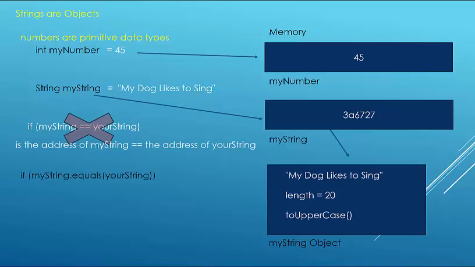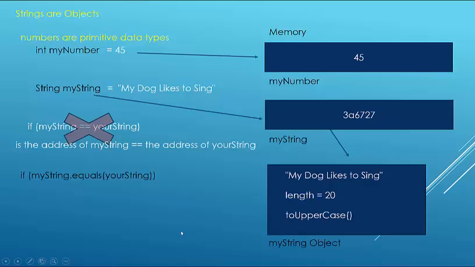And so when you're comparing strings, we have to use the equals method. Let's go back up a slide. As a result, myString can do something else. It can use this equals method, and it can take myString.equals(yourString), and this is actually comparing those string values.